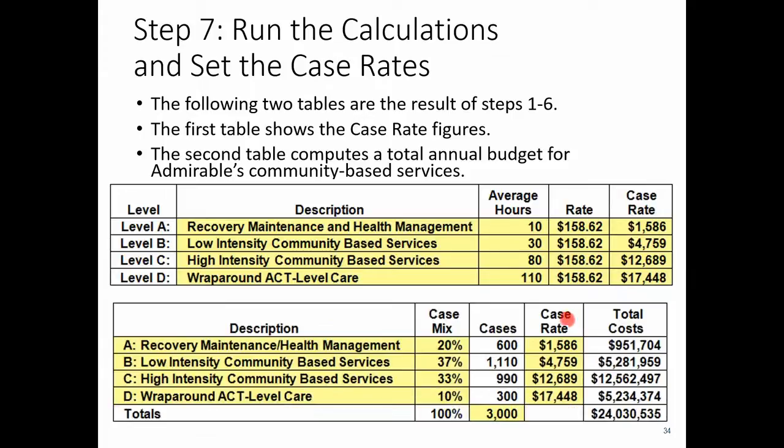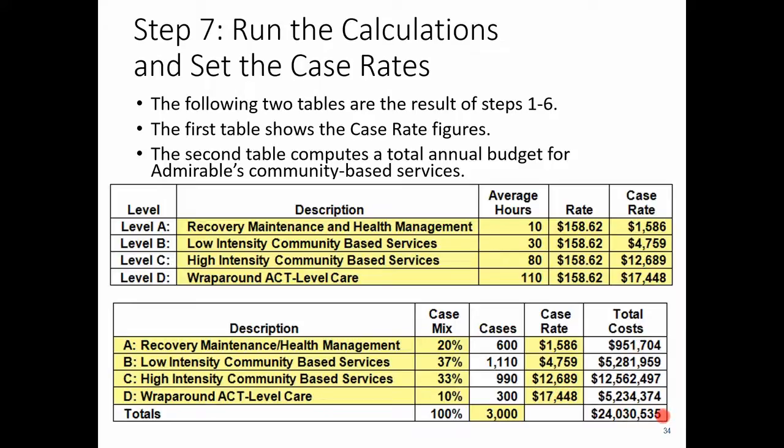And then if you take the case mix that we already talked about, and you have 3,000 cases, which is our 10% penetration scenario, and you put on the case rates, this is so cool.